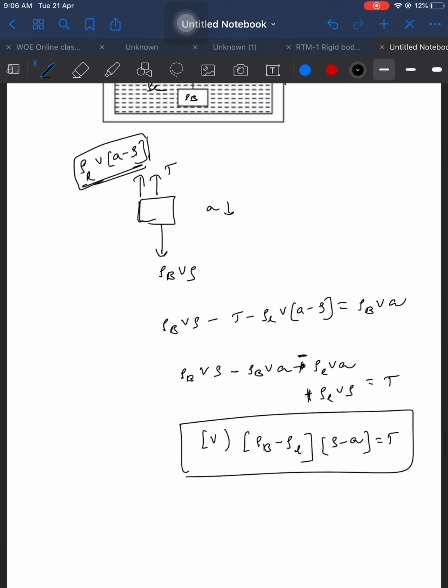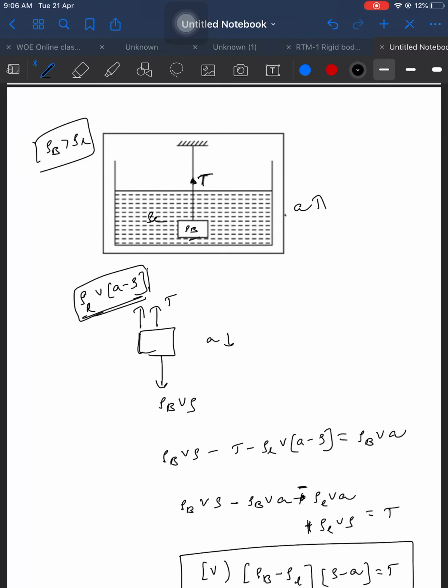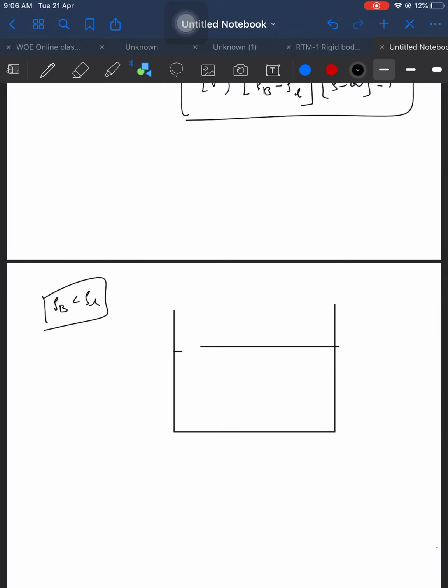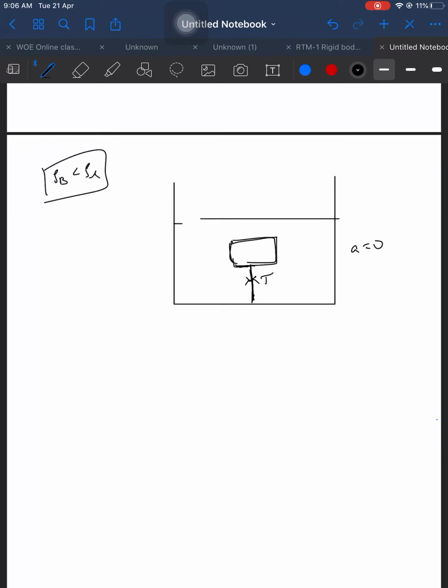This is one case, when the body has rho b greater than rho l. If rho b is less than rho l, the body tries to go up, so we tie it from the bottom with a rope. Tension T, and let's take it at rest, so a is equal to 0.